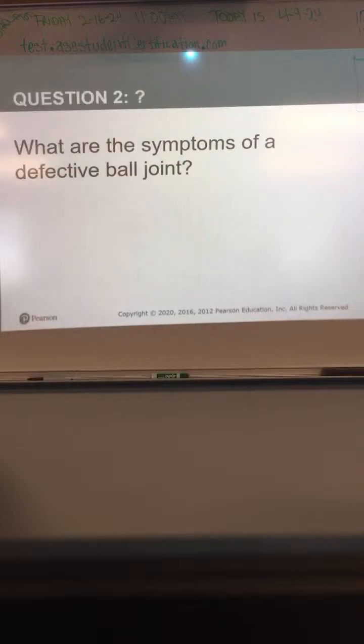All right. Symptoms of a defective ball joint, what do you think? Oh, my fault. What happened? I was going to ask you a question. Oh, okay. I'll wait for this. What are the symptoms of a defective ball joint?